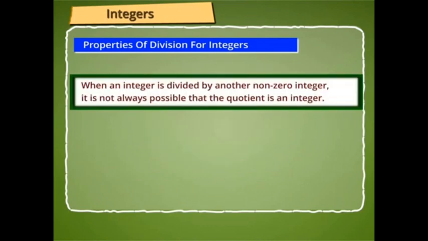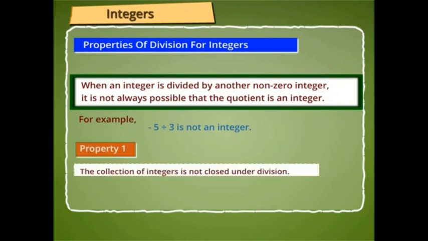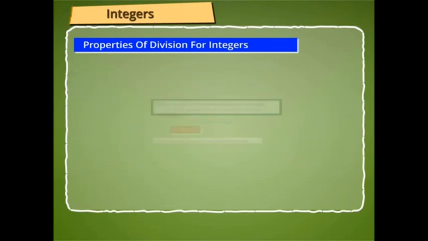But when an integer is divided by another non-zero integer, it is not always possible that the quotient is an integer. For example, −5 ÷ 3 is not an integer. Hence, we draw property 1, which states that the collection of integers is not closed under division.